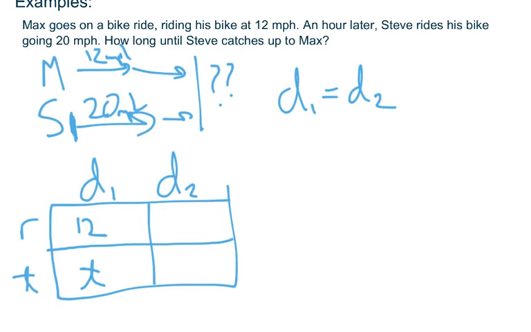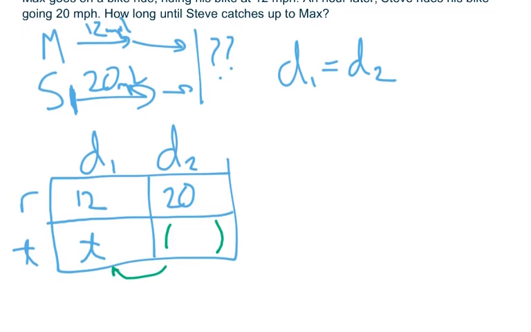And this is why we can set up the problem many different ways, get the correct mathematical answer, but maybe not have the right answer. An hour later, Steve goes 20 miles per hour. But now what we're going to need here for his time is an expression. How long has Steve been riding his bike compared to Max? Well, here we can use some numbers.